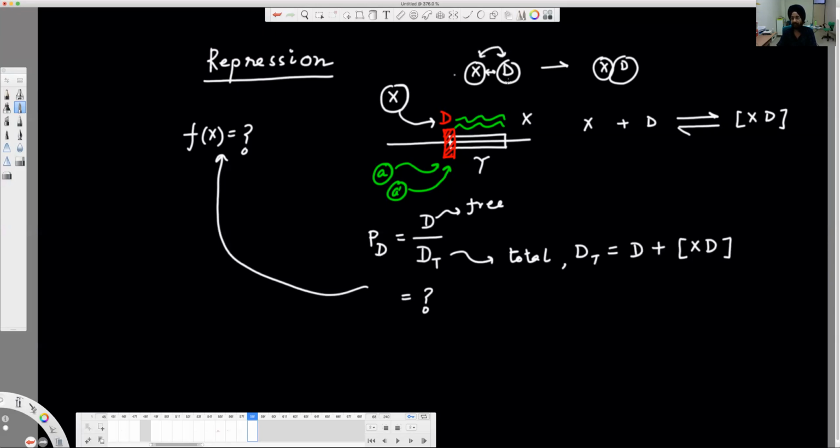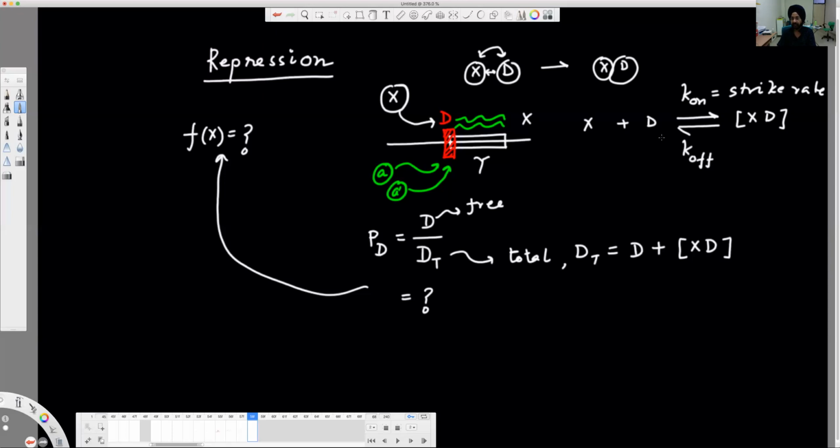So if they are striking more often, then the probability that it will make a complex is high. So we say that K on is the strike rate. And with what rate they are falling off is given by K off.